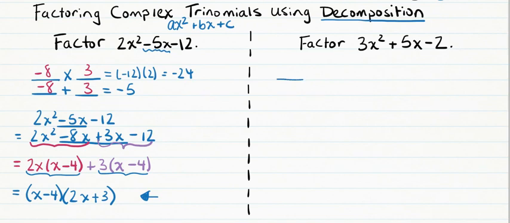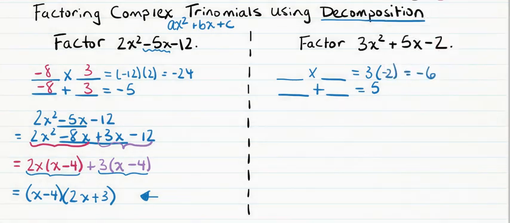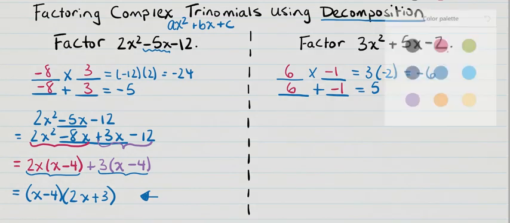Here we want to find two numbers that multiply to give 3 times negative 2, so two numbers that will multiply to negative 6. Those same two numbers should add to positive 5. Okay, so those two numbers are 6 and negative 1. They multiply to negative 6, and they add to 5.